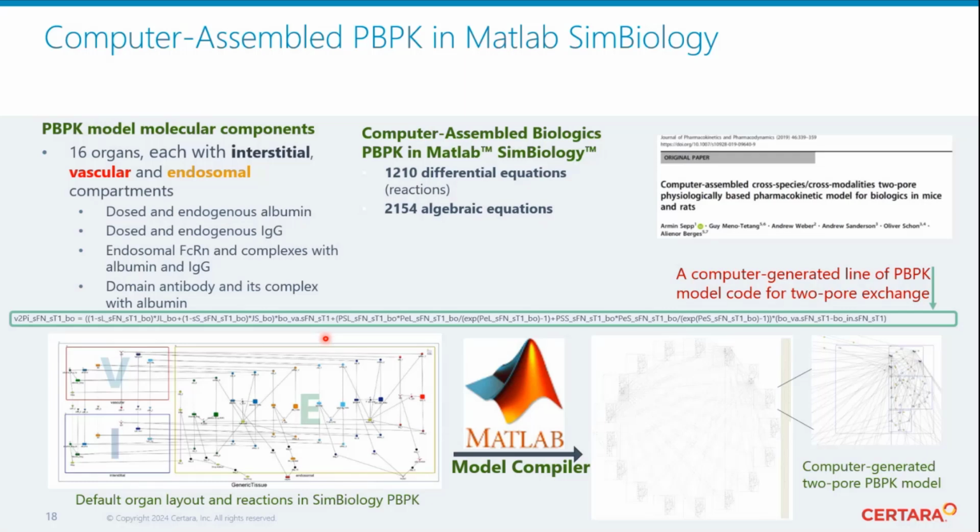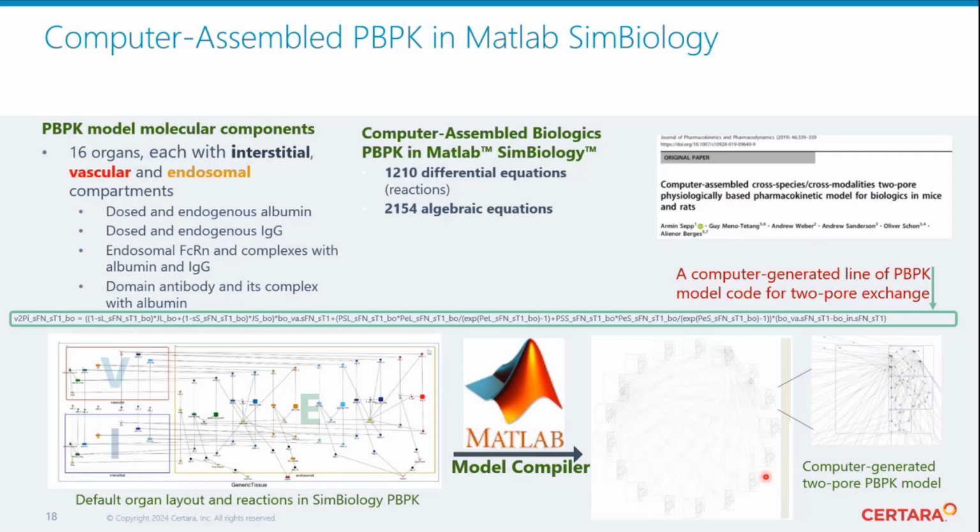And I wouldn't even trust it beyond that, because it would have around 1,300 ODEs and 2,000-something algebraic equations. It was possible though to write a script that took this template and applied it to the generic layout of organs in physiology, which is conserved across species, and then just assigned the physiological parameters as required.